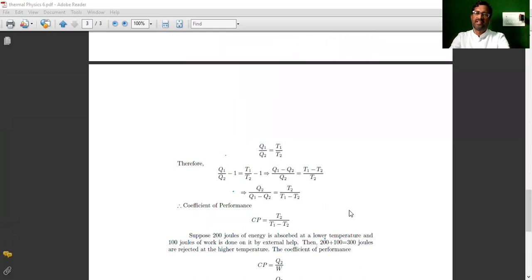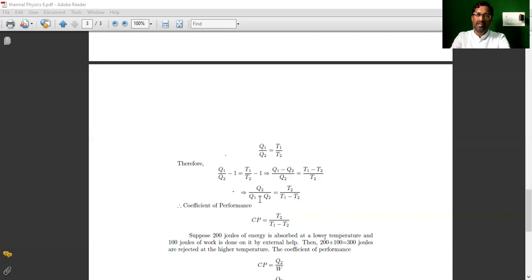Now, for an ideal gas, we know Q1 by Q2 is T1 by T2. Now, this Q1 by Q2 is equal to T1 by T2 can be written as Q1 by Q2 minus 1 is equal to T1 by T2 minus 1. So that can be simplified as Q1 minus Q2 by Q2 is equal to T1 minus T2 by T2.